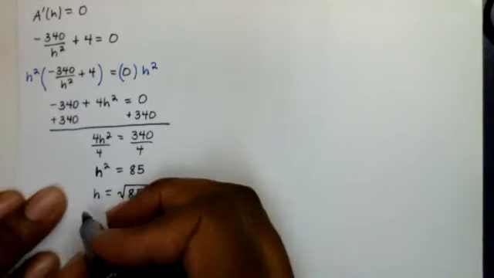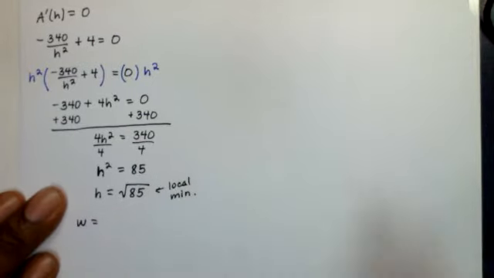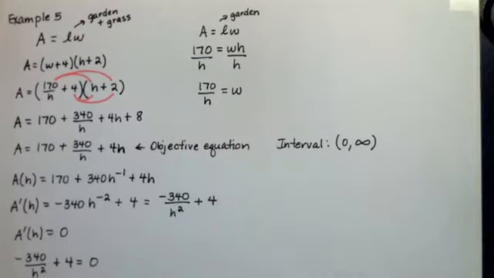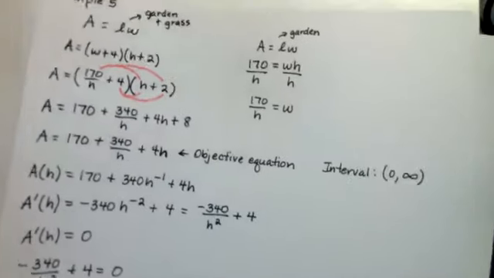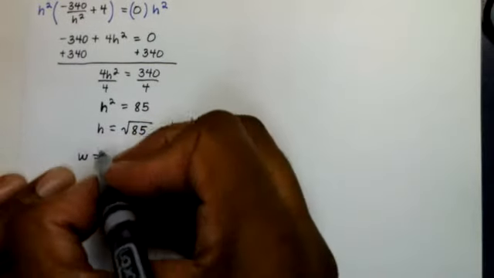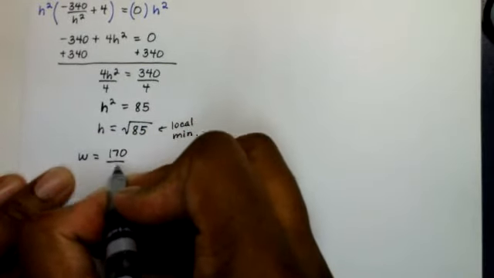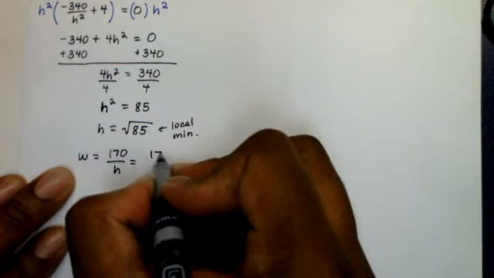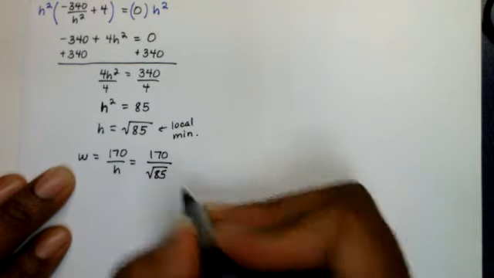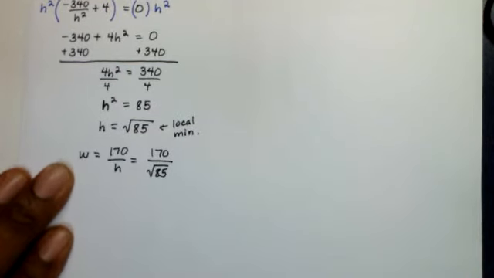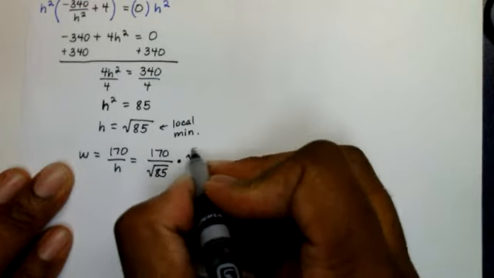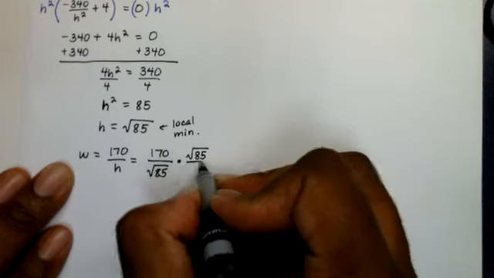Now let's find out what the width is. Going back to one of our secondary equations here, that width was 170 over H. So let's use that to find out what that width is going to be. So this is 170 over the square root of 85, which is what H is. Now we can't have a radical in the denominator, so we need to multiply the numerator and the denominator by the square root of 85.